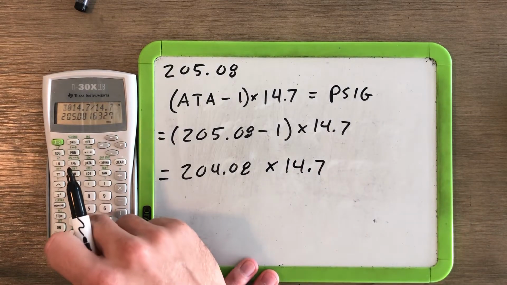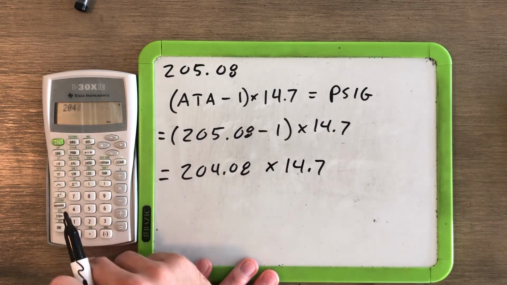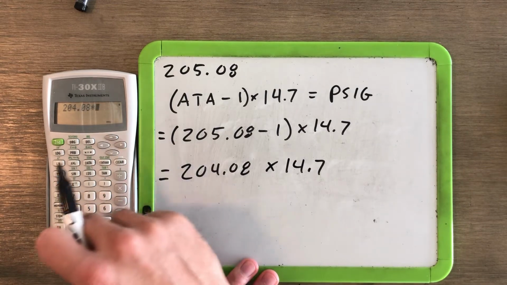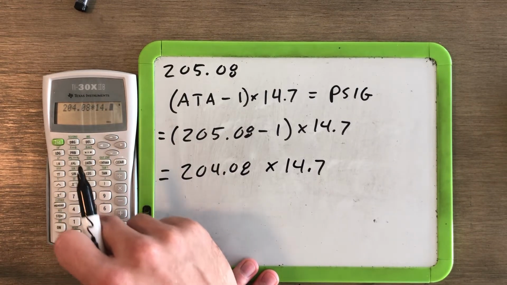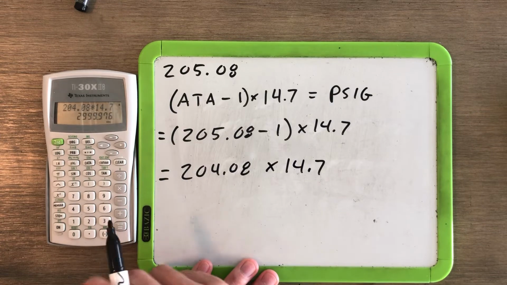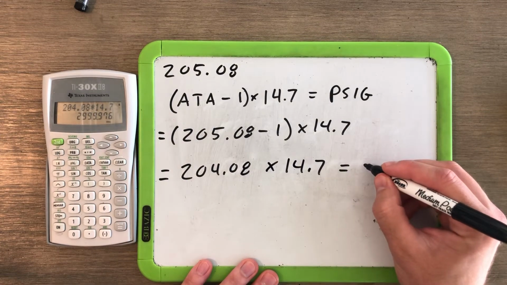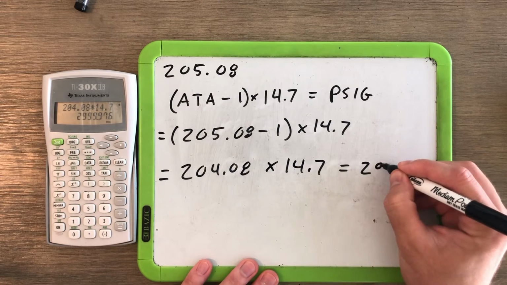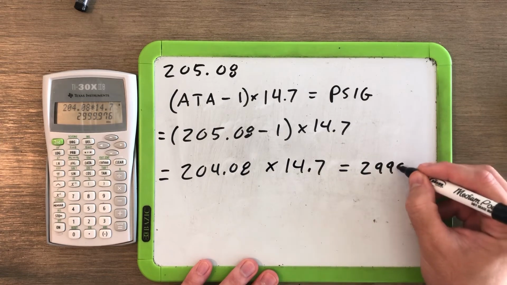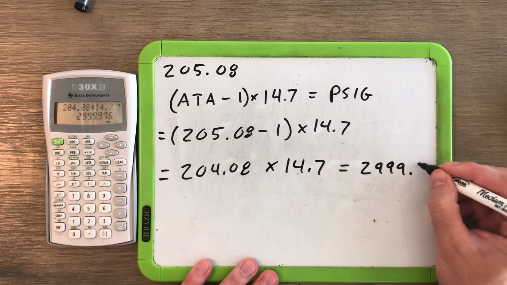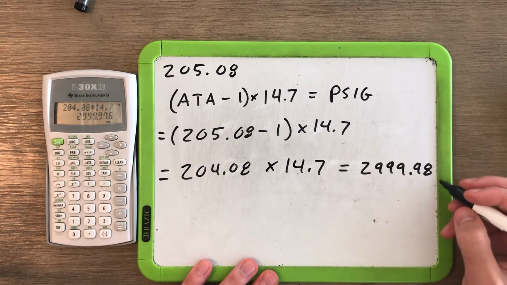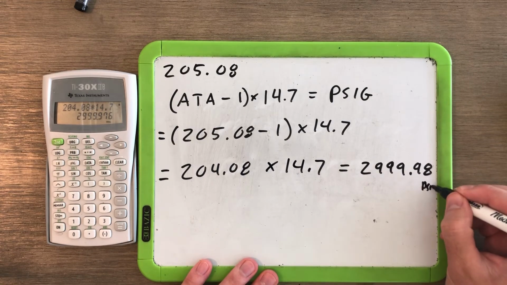Go to our calculator. 204.08 times 14.7 is equal to, this equals 2,999.98 PSIG.